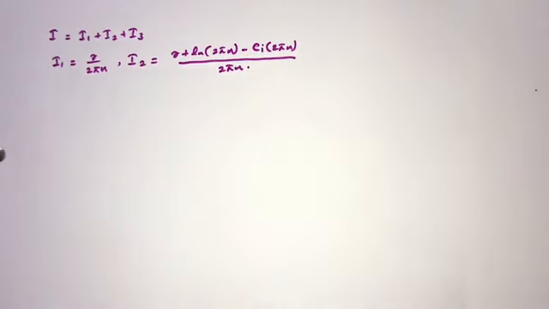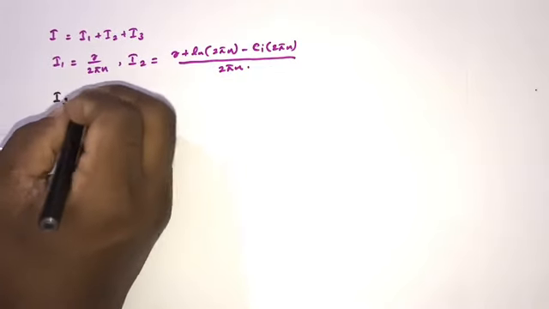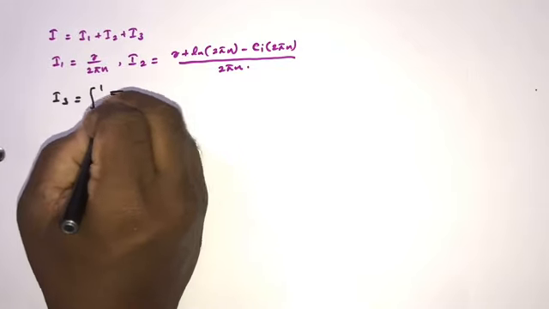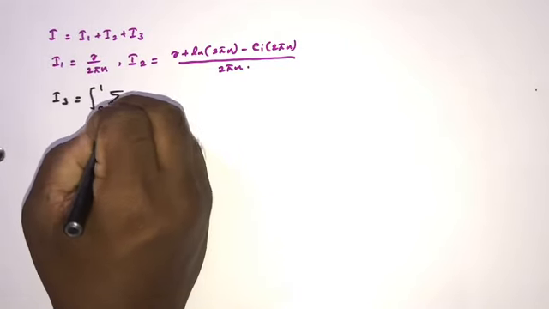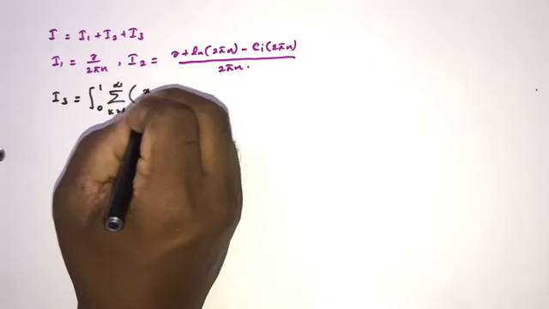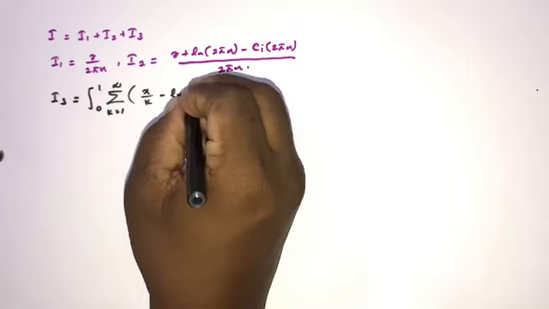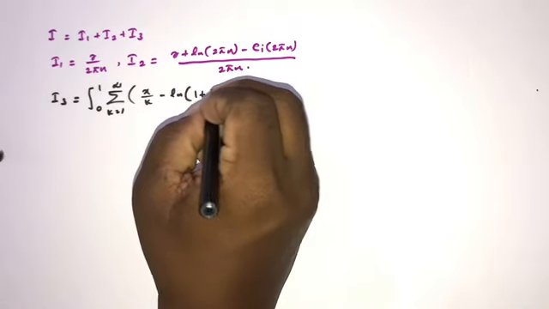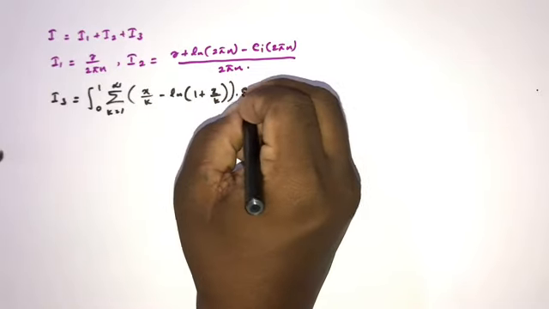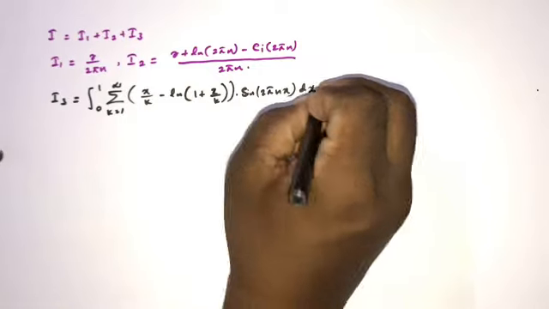Okay, let's evaluate I3. We know I3 is equal to the integral from 0 to 1 of the infinite sum, k equals 1 to infinity, of x over k minus natural log of 1 plus x over k, times sine of 2 pi nx dx.